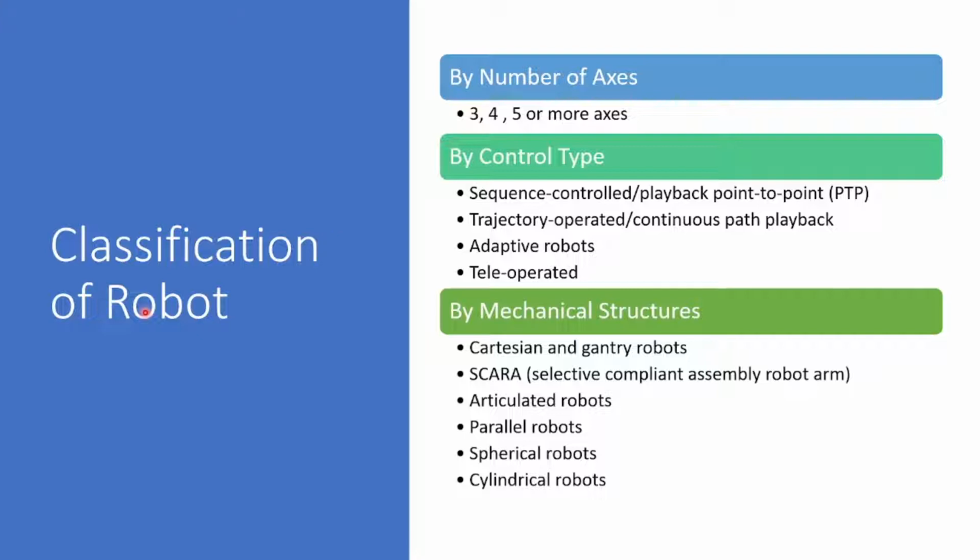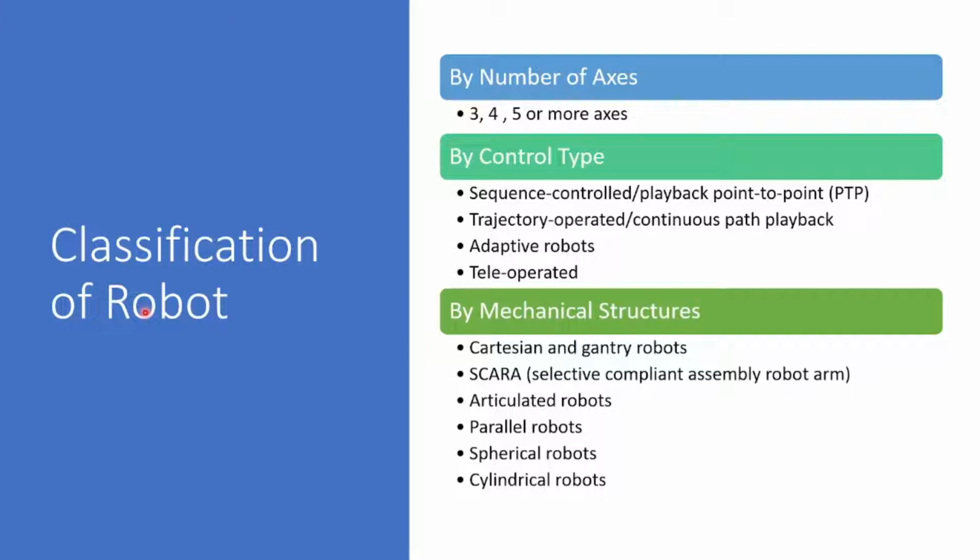Articulated robots, parallel robots. Parallel robots are also used in the dental industry, which is very much useful. I know a few professors who are working on this, really interesting. Spherical robots, cylindrical robots, and so on.